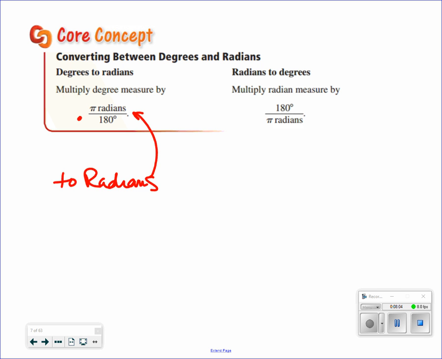So if I'm converting to radians, then it's pi over 180. If I am converting from radians to degrees, if I wanted to go to degrees, then I'd multiply by 180 over pi. So we got a couple of examples coming up here, but if you want to go from degrees to radians, multiply by pi over 180. If you want to go from radians to degrees, multiply by 180 over pi.